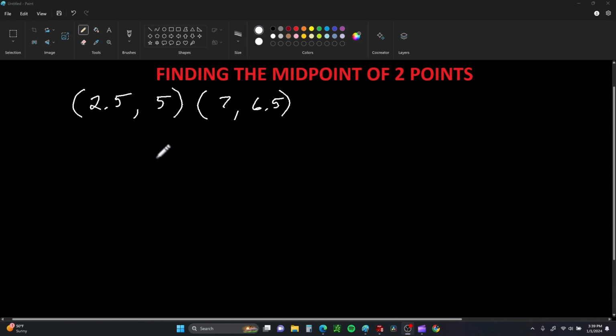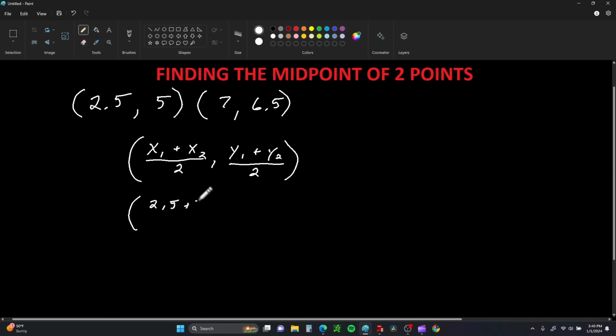So first thing that I'm going to do is I'm going to add the x's together and divide by 2. And then I'm going to add the y's together and divide by 2. So the two x's are going to be 2.5 plus 7 divided by 2. And the two y's are 5 and 6.5.